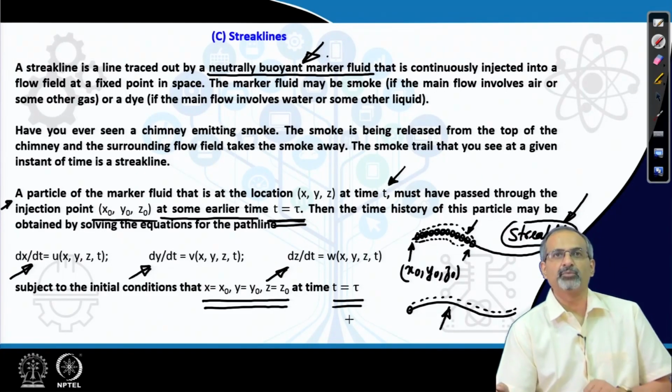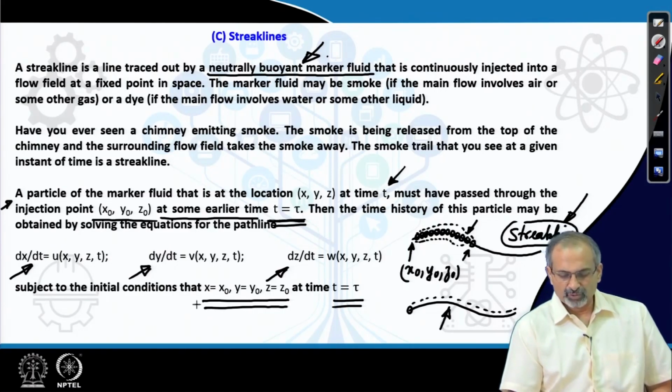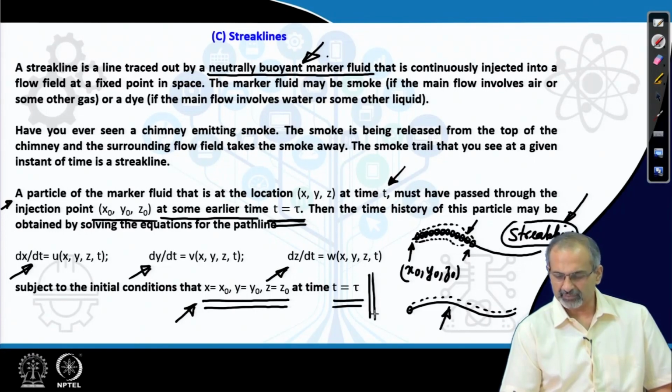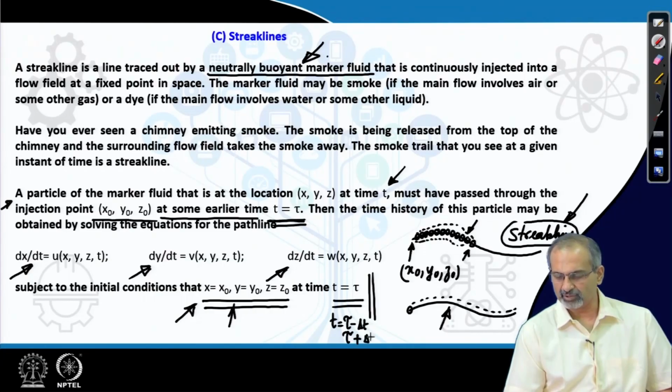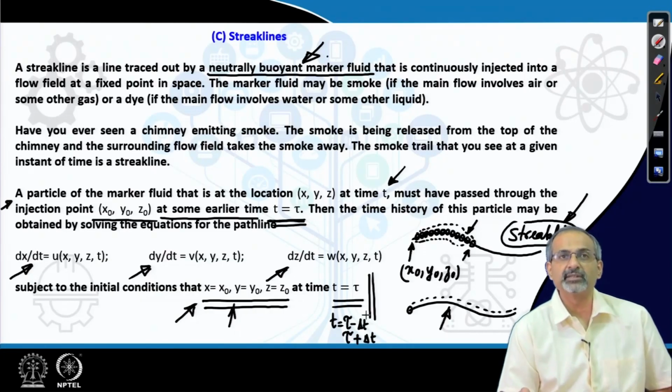This is a very, very important concept, and if you look at each particle which forms the streak line, each particle would have a history like this, that another particle would have been there at this point at a slightly different time, let us say tau minus delta t or tau plus delta t, and so on, depending on in which sequence that particle was injected into the stream.